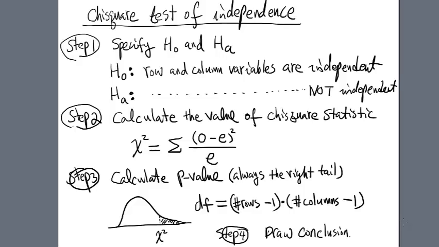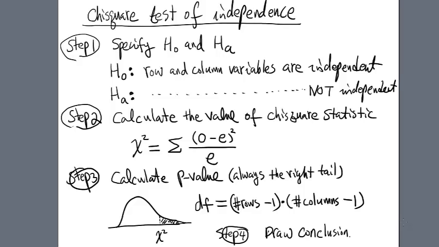Step 2, calculate the value of the chi-square statistic, which is the sum of O minus E squared divided by E. Here O is an observed value, E is the corresponding expected value, and you have different pairs of observed and expected values. If you have 10 pairs, you are going to have 10 terms in the summation.